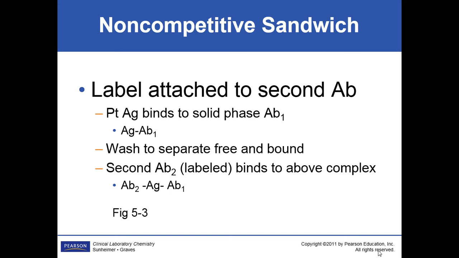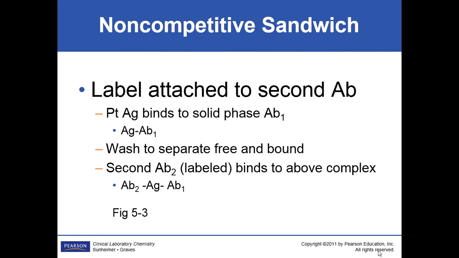We're still going to use the same kind of principle. We have 2 antigens and 1 antibody, or vice versa, 2 antibodies and 1 antigen. But instead of competing, we're going to label and sandwich the antibody in between the 2 antigens or the antigen between the 2 antibodies. Think bread and meat.